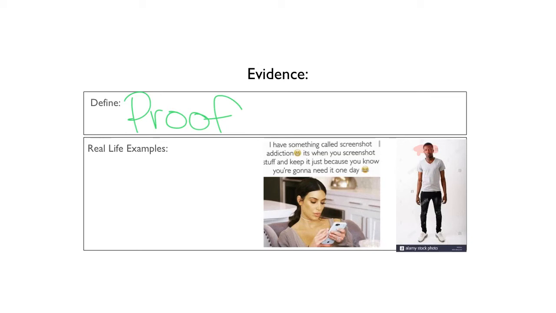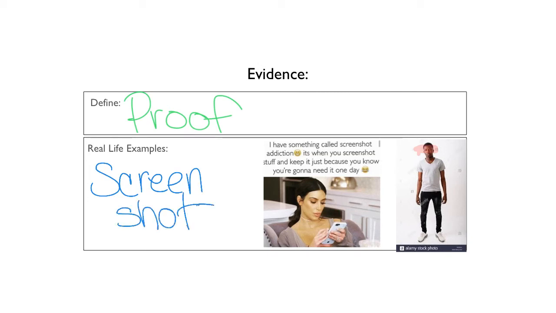A really wonderful example of this, when we go back to our cheating example of the relationship that's gone awry here in class, is screenshots, right? I love when someone starts taking out their phone and showing some screenshots. That means that you have proof of something.